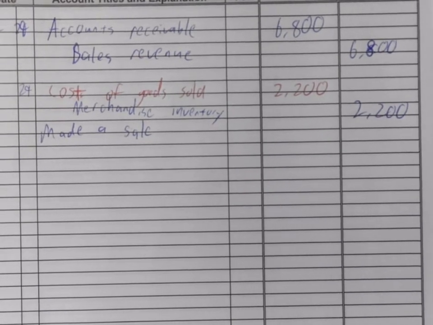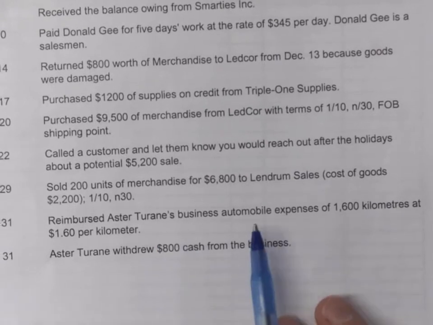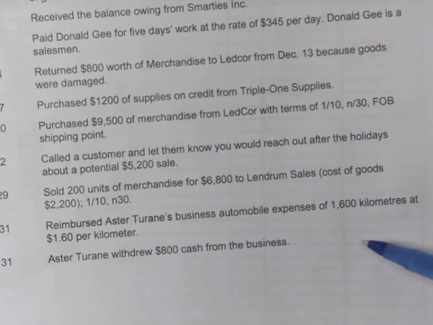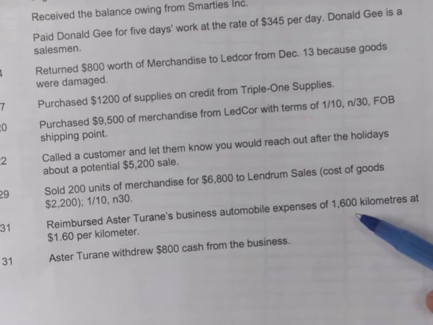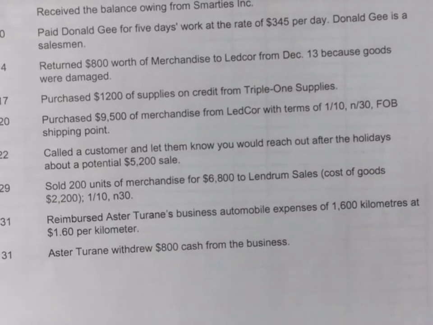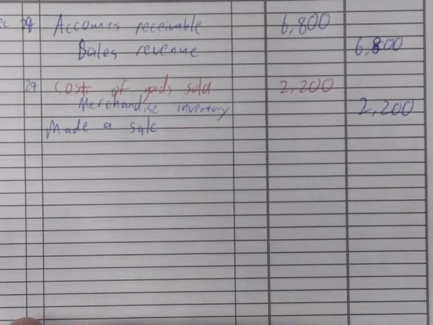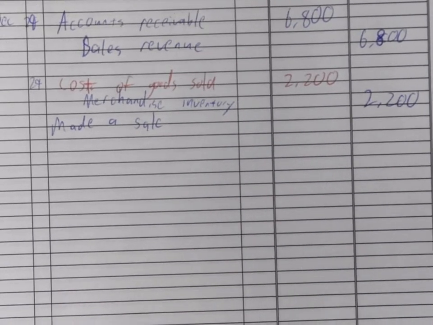Then we have December 31st, reimbursed Aster Terrain's business automobile expenses of 1,600 kilometers at $1.60 per kilometer, $2,560.